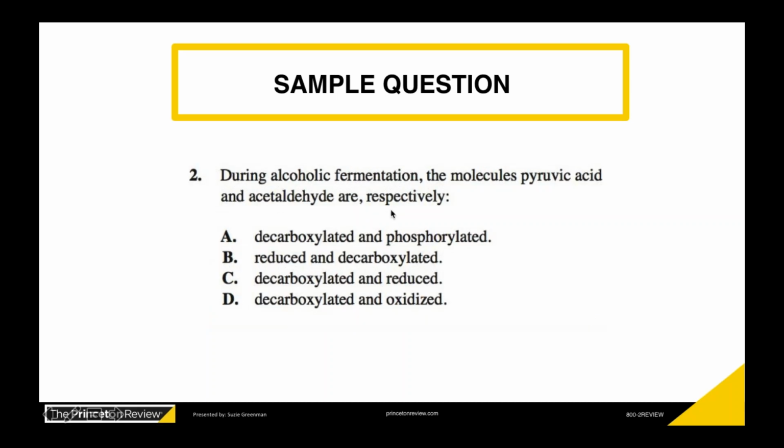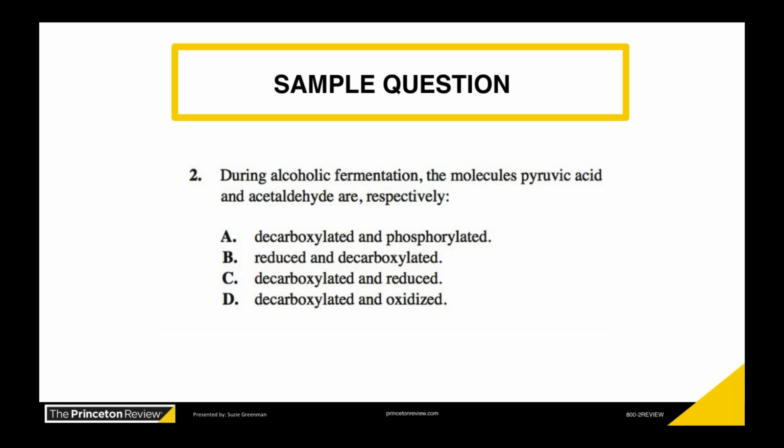Let's do one more quick one. During alcoholic fermentation, the molecules pyruvic acid and acetaldehyde are, respectively... All right, so this would require you to understand the simple terms decarboxylated and reduced. So let's start with reduced. If we're talking about oxidation and reduction, we can go to our trusty friends, OIL RIG. Oxidation is loss and reduction is gain.